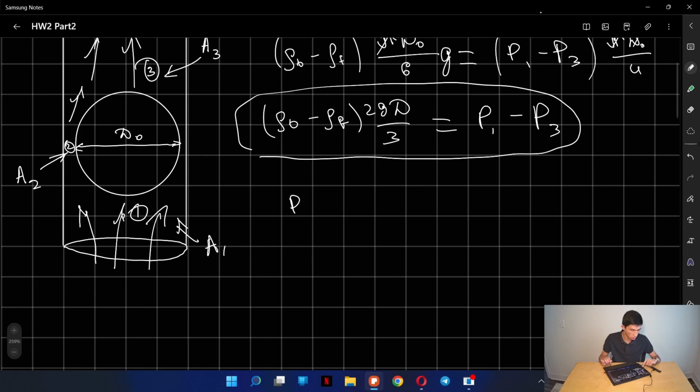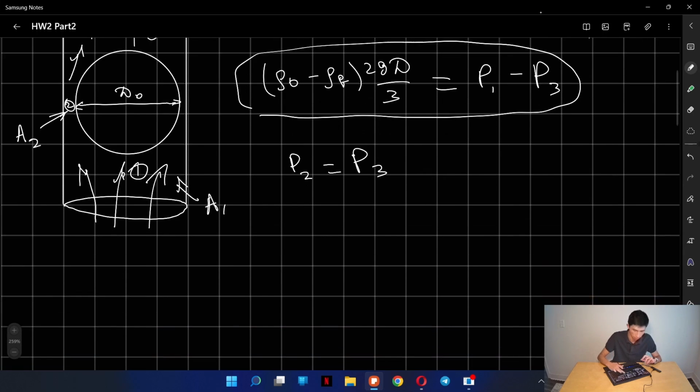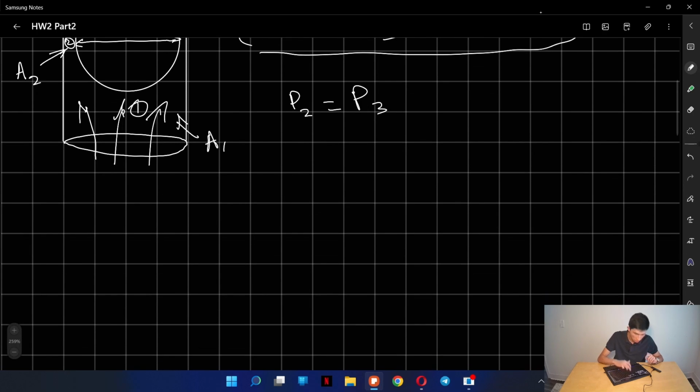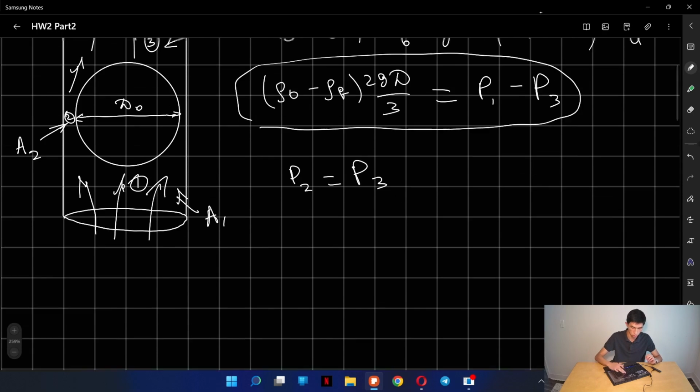As I said before, as it's a sudden expansion problem, the pressure at point 2 is going to be equal to the pressure at point 3. So if I'm considering the Bernoulli equation for only point 1 and point 2, I can use the pressure for point 3 to be equal to that of point 2.